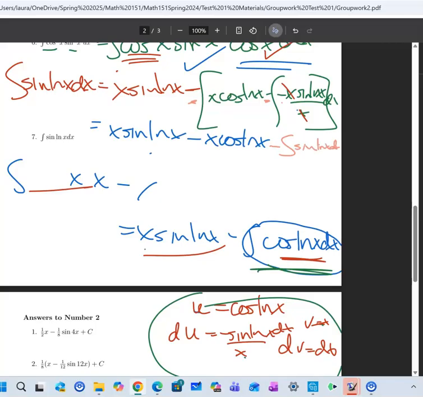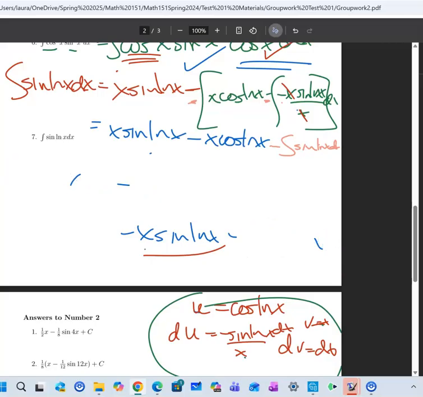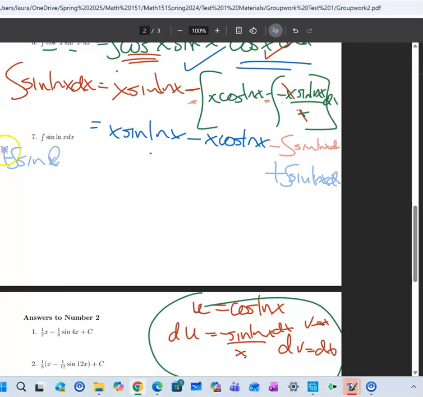Okay, well, what do I do with that? This is the exact same thing that I started with in this question. So I'm going to add that to both sides. So I'm going to say add sine of ln of x dx to both sides.